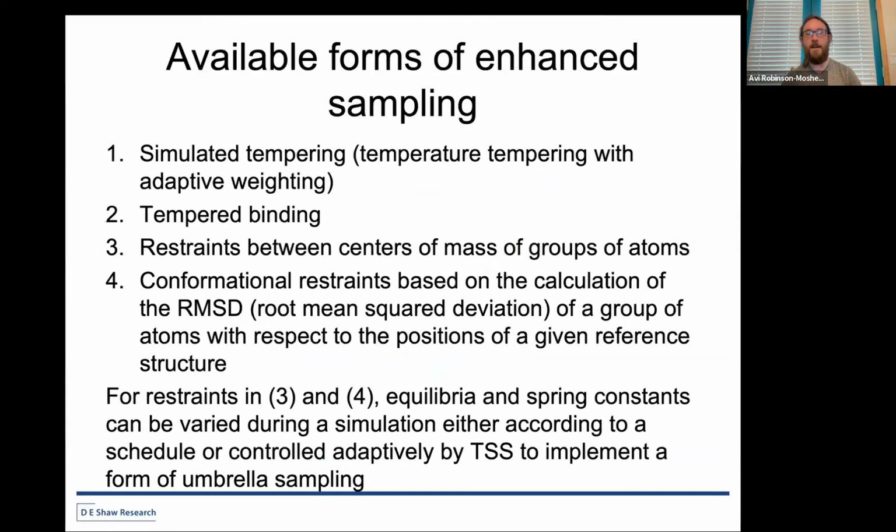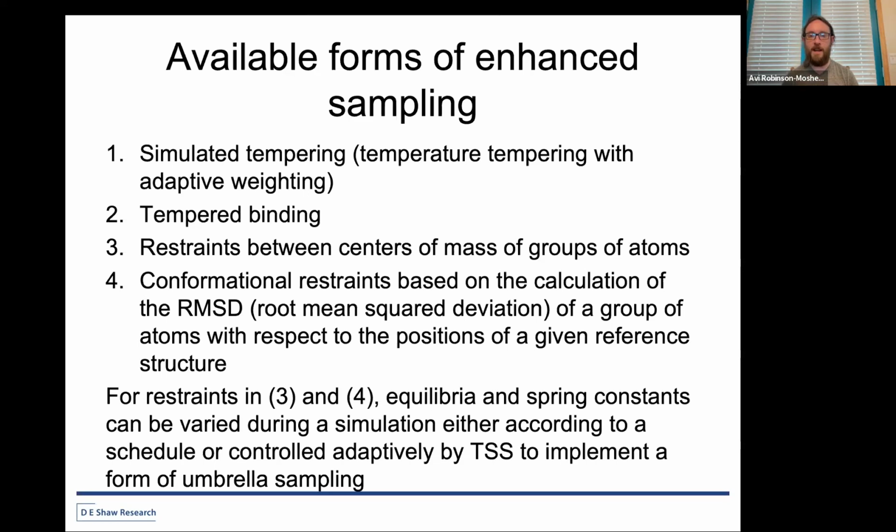So I have talked about two forms of enhanced sampling that we make available at PSC, which are simulated tempering, which is most straightforward to do in the context of temperature tempering with the adaptive weighting from TSS, though you can also do simulated tempering of parameters that are not temperature. I've talked about tempered binding.